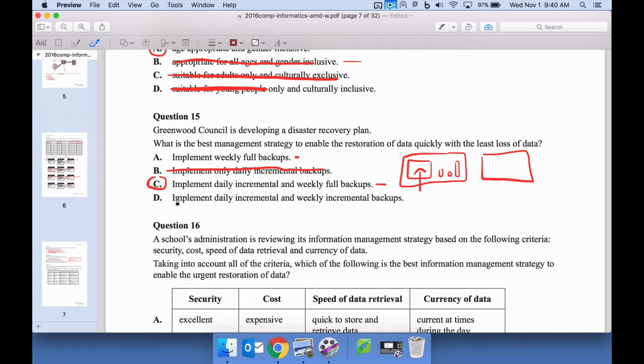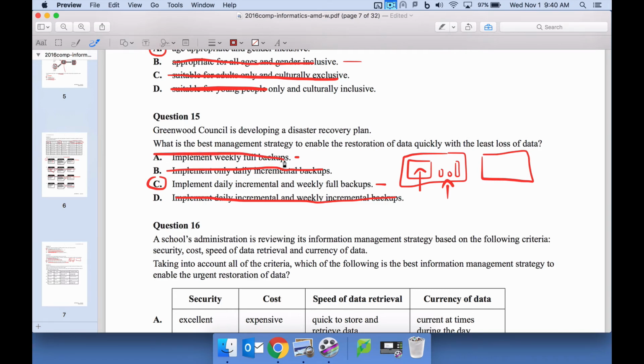And we wouldn't do incremental weekly because we would just be taking these parts of the backup and not including the full backup as well. So that's why it is C.